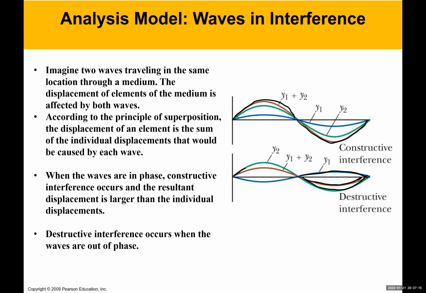Because green has a greater positive amplitude than blue has a negative amplitude, you still get constructive interference, but a little bit less than if both were positive. This one is just the sum of y2 and y1; it just happened that y1 was negative, so you are subtracting them.